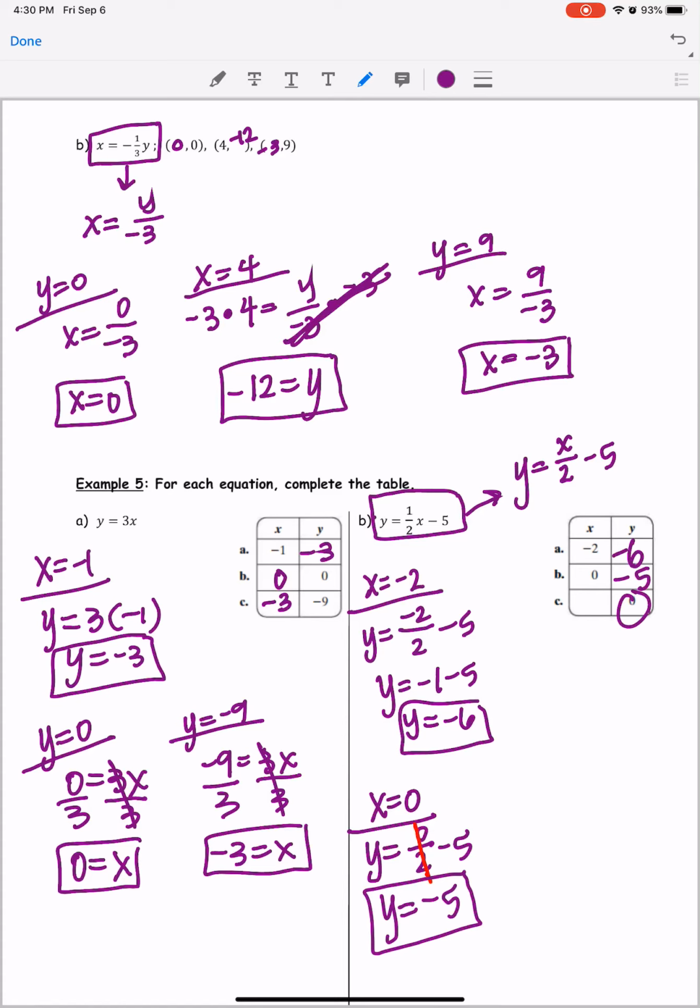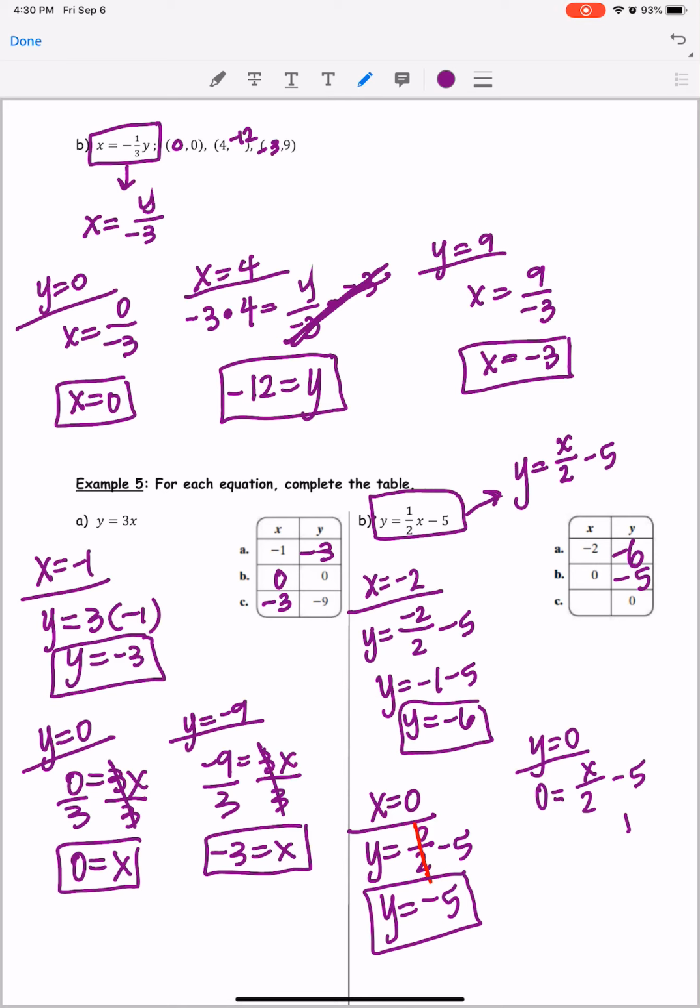And now plug in 0 for your y. So y equals 0. Let me move this up a little bit. In place of this y, we now have 0 equals x over 2 minus 5. So solve this for x.